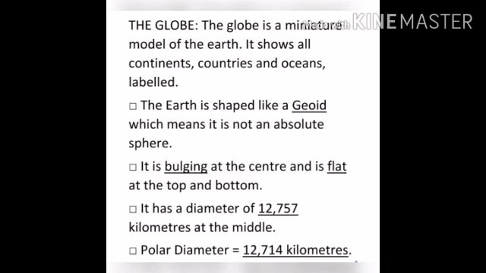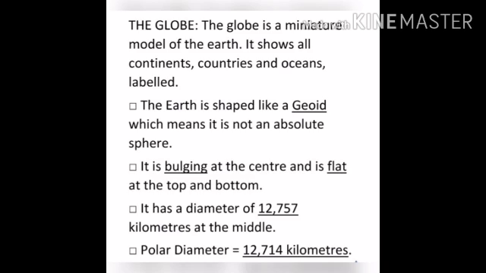That means the equatorial diameter is about 43 km larger than the polar diameter. Thus, the Earth is not a perfect sphere. It is slightly flattened at the poles and it bulges at the equator. So, the shape of the Earth is known as geoid shape.